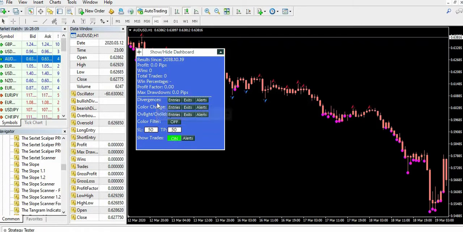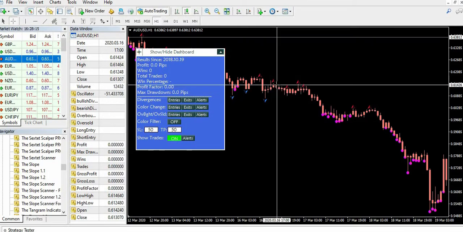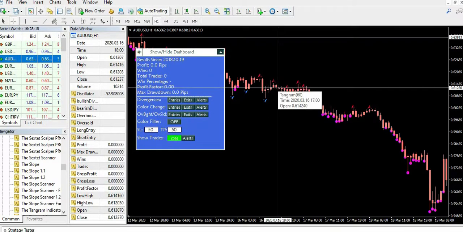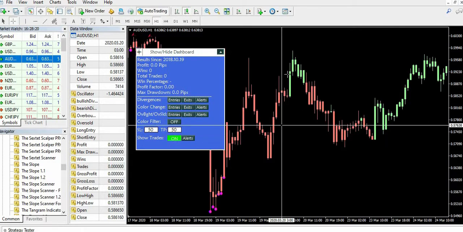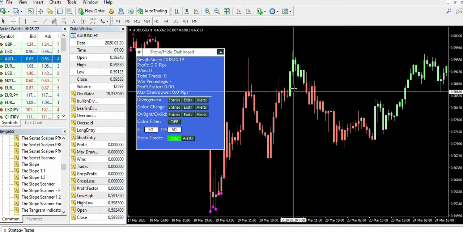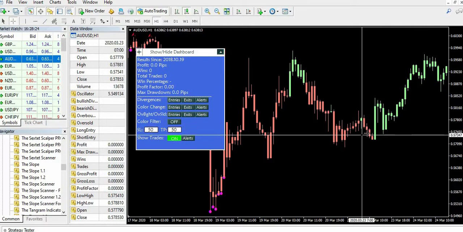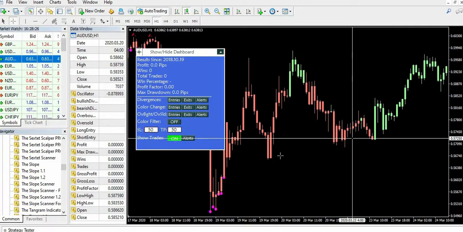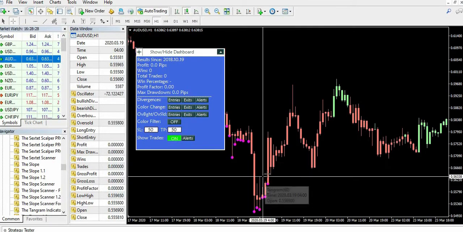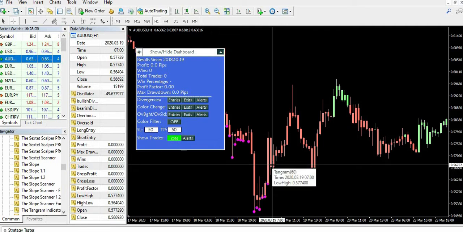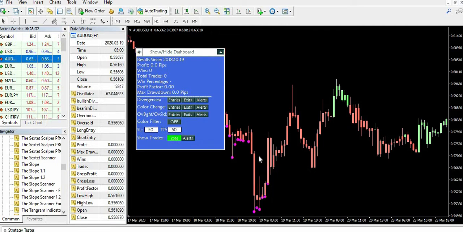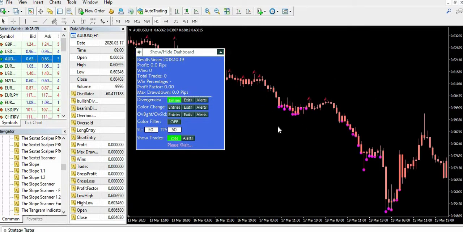So we have 3 different types of entries: entries from divergences, entries from color change of the bars, and entries from an exit from oversold and overbought areas. I'm going to show you how they work. So first I'm going to enable the divergences entries.